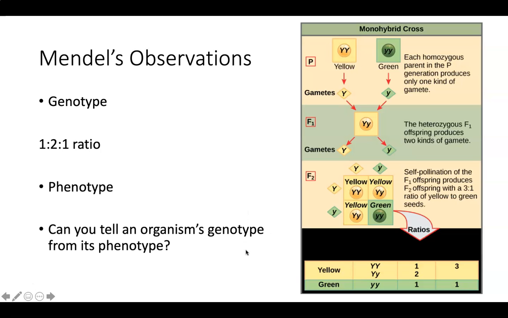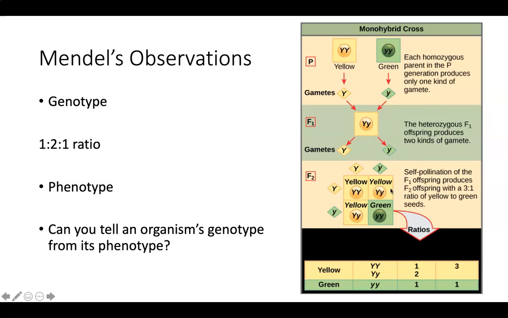So then the question is, can you tell an organism's genotype from its phenotype? We talked on Friday about this, and the answer is no. You can't always tell the genotype from the phenotype. You can for the recessive, because you have to inherit 2 recessive genes in order to see the recessive phenotype. It's the only way you can see the recessive phenotype in a dominant recessive gene in organisms.